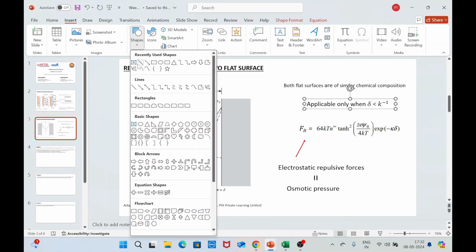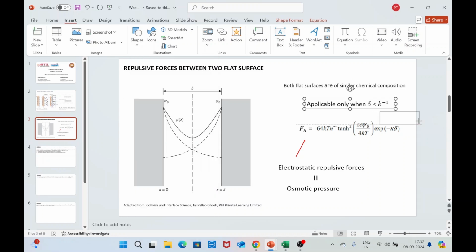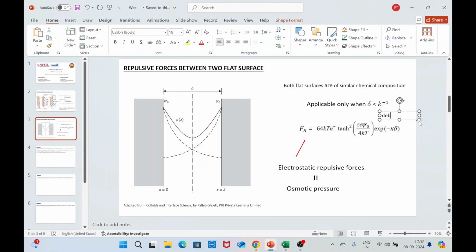Please remember this: kappa is the Debye-Huckel parameter and kappa inverse is the Debye length.